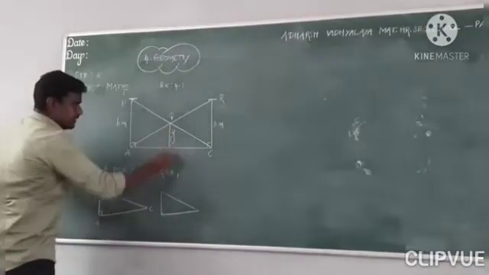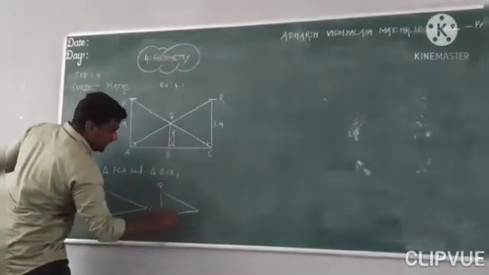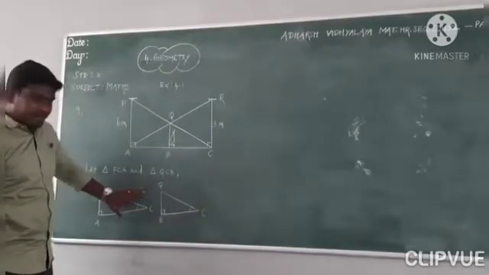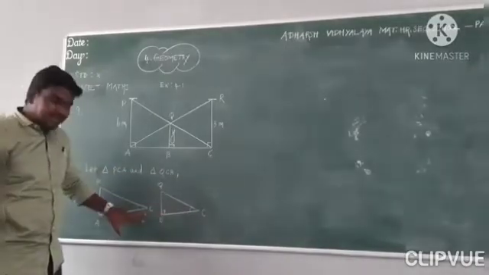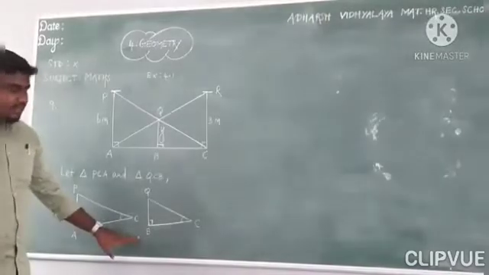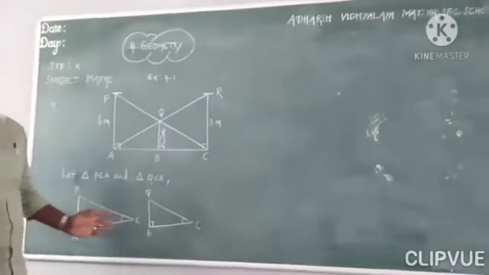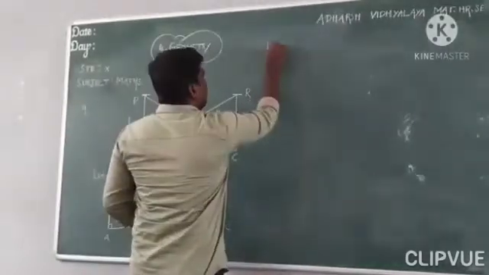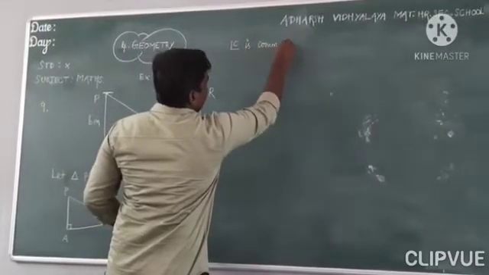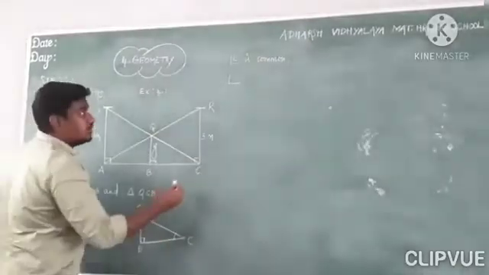Here 90 degrees, this is also 90 degrees. From the given diagram, we can say angle C is common and angle A equals angle B equals 90 degrees. Therefore, by using angle similarity criteria, these two triangles are similar.